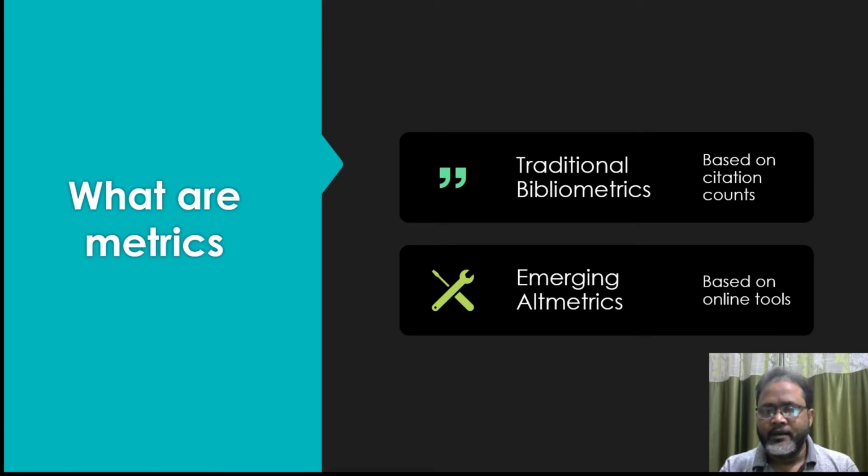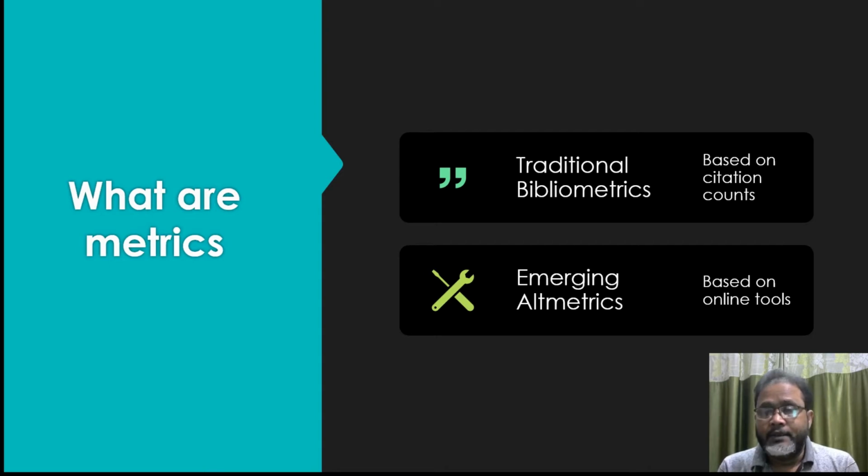The second is the emerging altmetrics, which is based on online tools. In traditional bibliometrics, we are talking about your citations, the number of cites a particular article has already got.